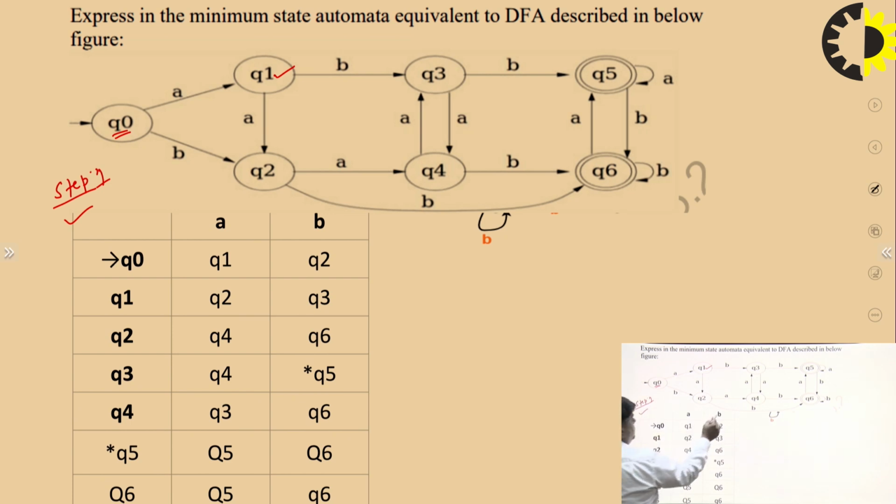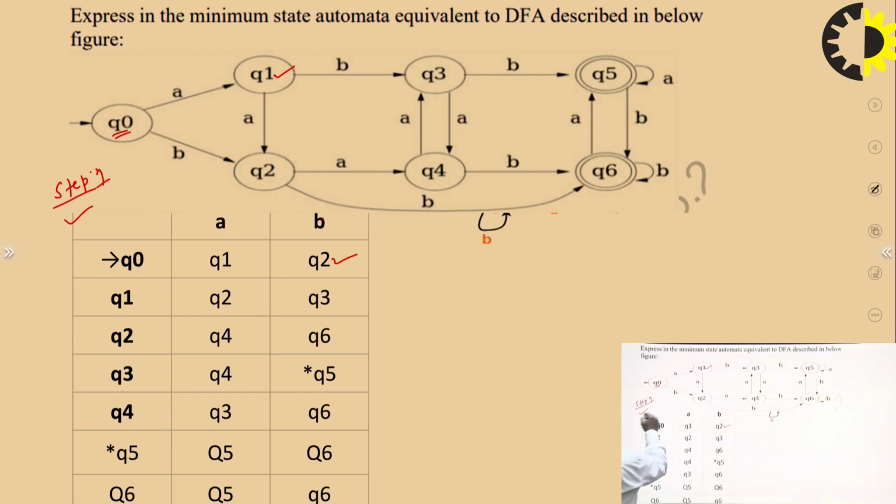On Q0, with B input, we move to the Q2 state. Similarly, we can draw the whole transition table. On Q1, with A input, we move to Q2. On Q1, with the help of B input, we move to the Q3 state. This is the first step.